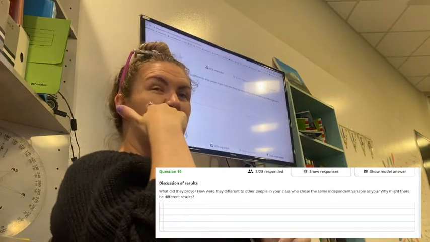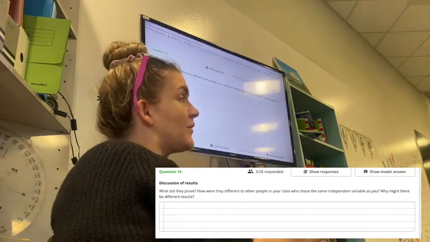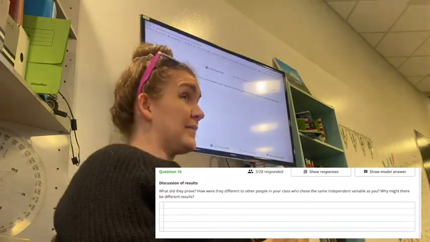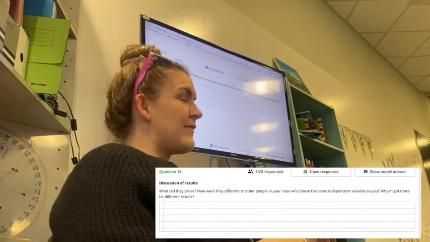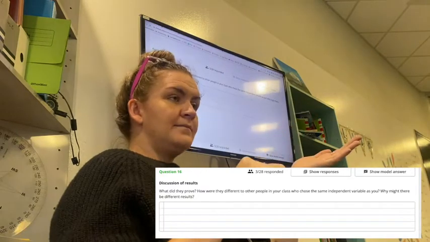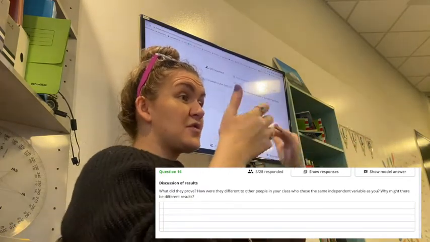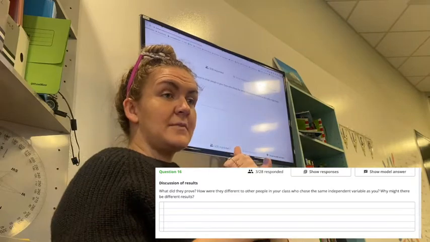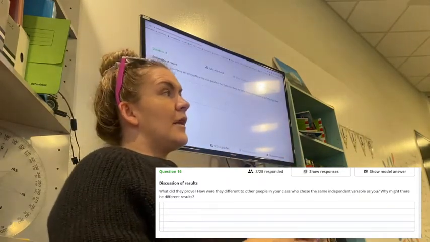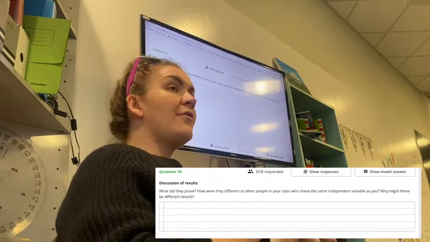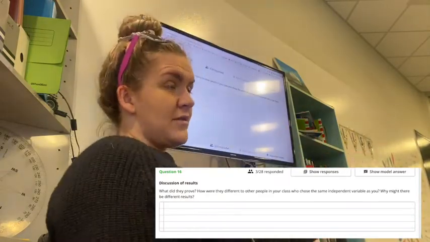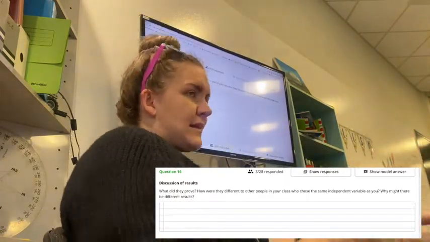Next, how is it different from other people in your class? This is the part where you're going to go up to someone else. Everyone in the class did salt water, so you should be able to speak to at least 6 or 7 other groups and write it down. I would get a piece of paper, or you could ask them to send you some screenshots. Can you screenshot your graph and send it to me? And don't write, my graph had similar results as the other people in my class, you might get a C, maybe.